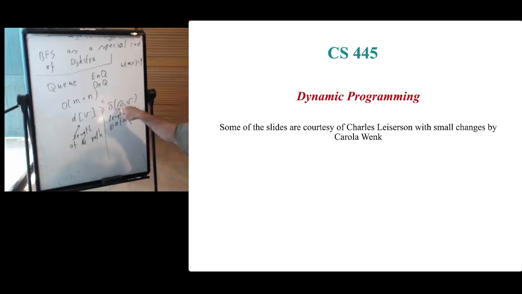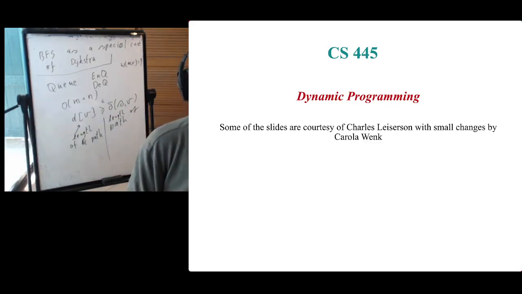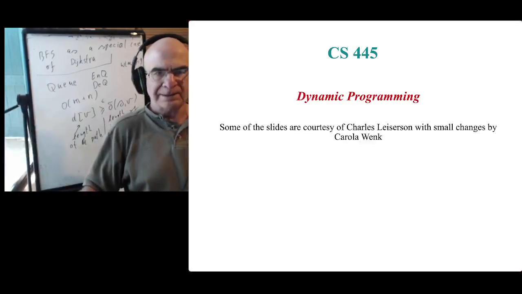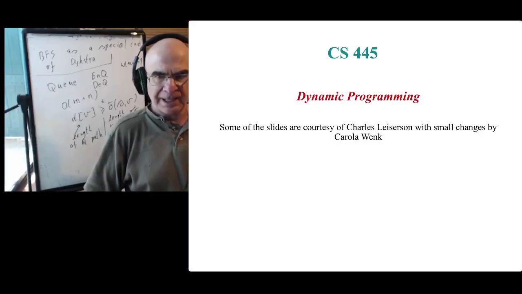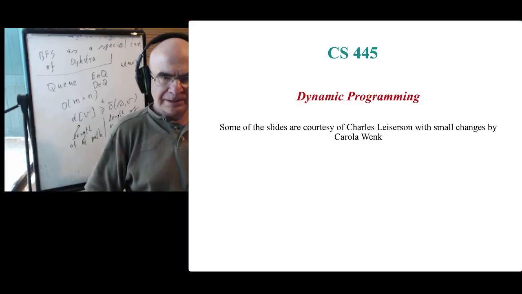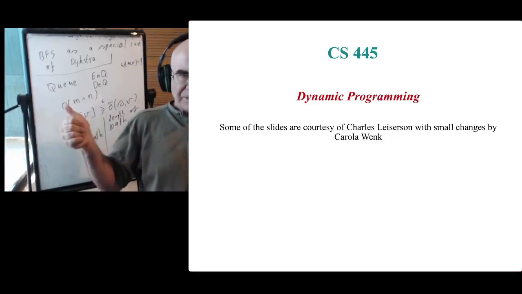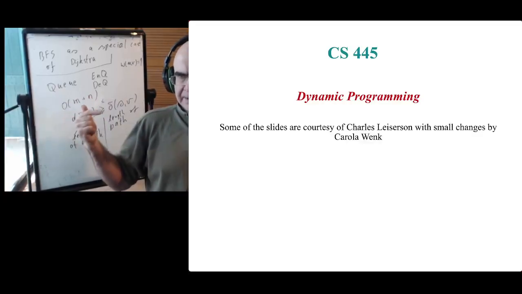These imply that they must be equal, so d of v is actually the length of the shortest path. It takes some time, you need induction for it, and you need to prove it. Not entirely trivial, check the slides. Okay, so that summarizes Dijkstra and BFS.